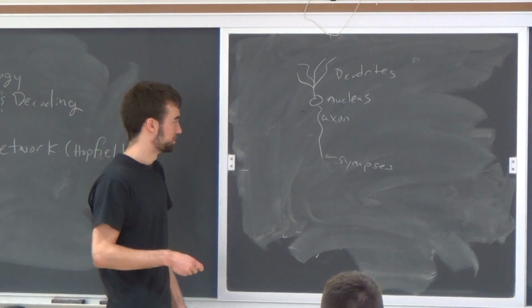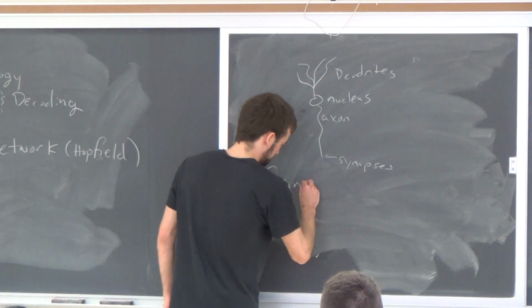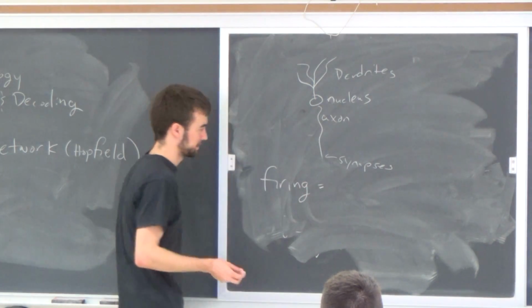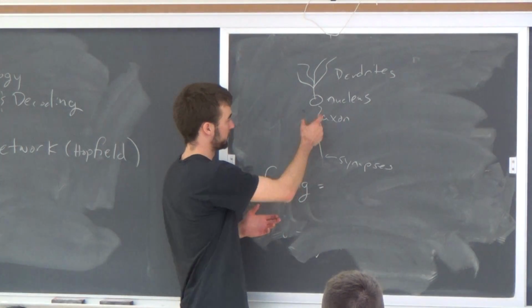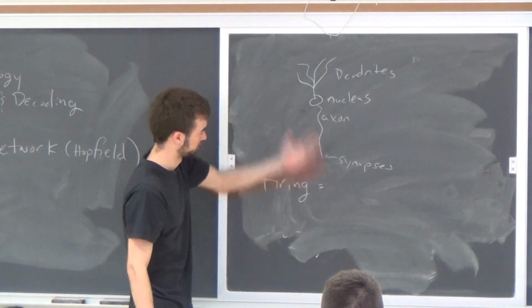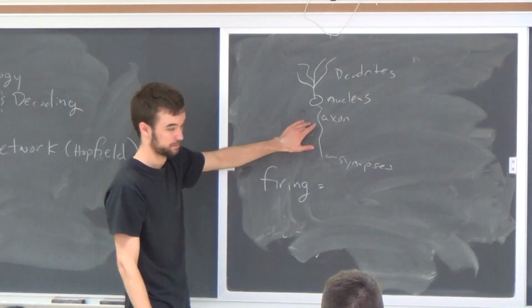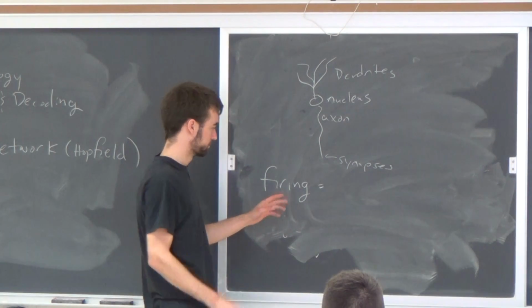So firing is equivalent to an electrochemical pulse or an action potential, which means you get effectively a voltage, a current going through your neuron. So you tend to make a little bit of electricity.